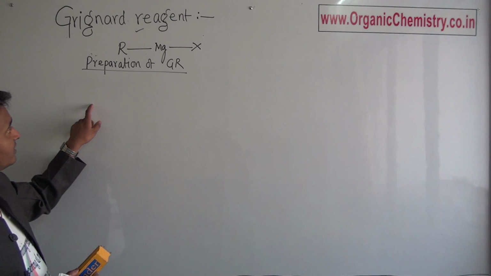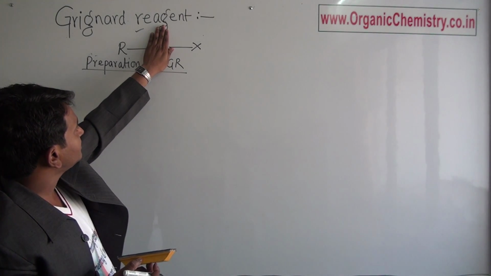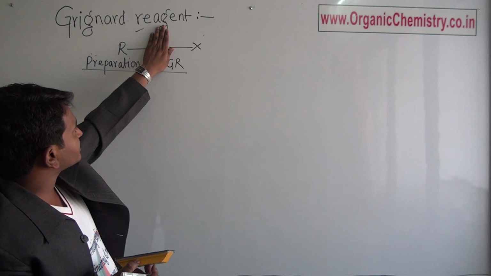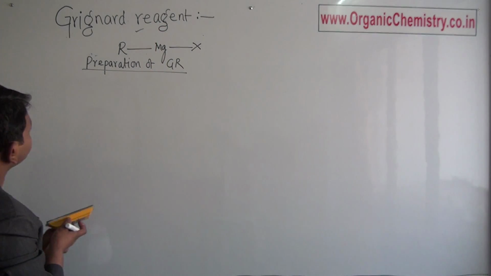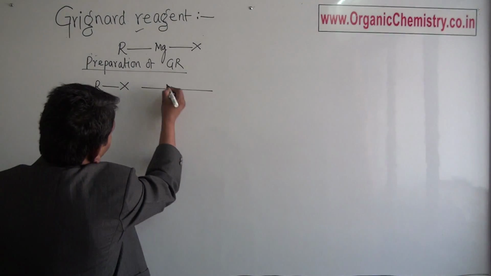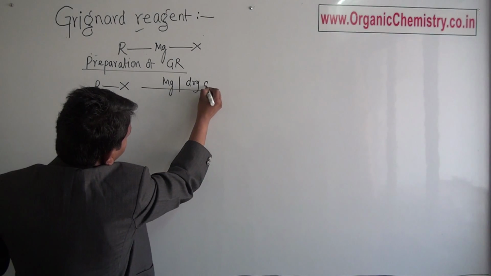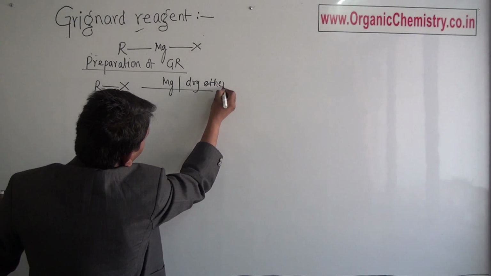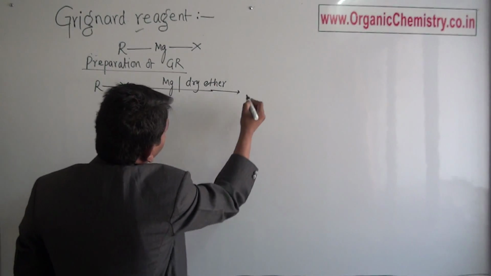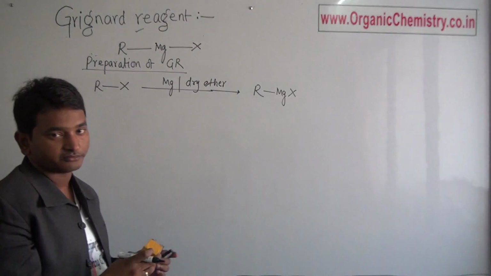We can prepare Grignard reagent just by taking alkyl halide, which reacts with magnesium. When alkyl halide is treated with magnesium in dry ether as a solvent, then RMgX is formed.